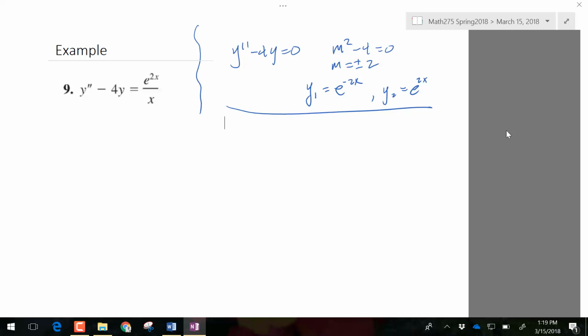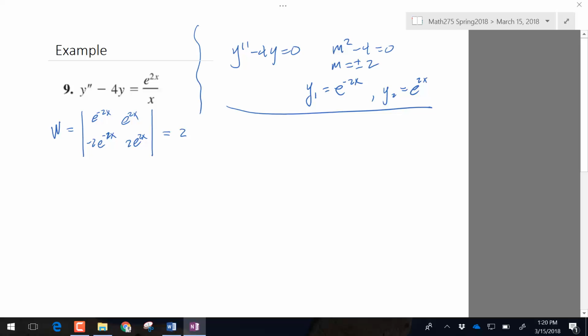Okay, so, all right, we found our y1 and y2. Let's work on the Wronskian. The original Wronskian would be based on these 2 fundamental solutions that are linearly independent: e to the minus 2x, e to the positive 2x, and we get some extra constants popping out. This is going to be another constant. I wanted one that wasn't constant.